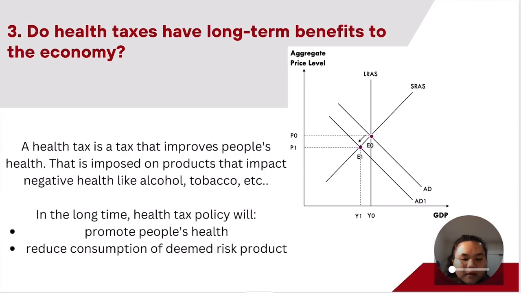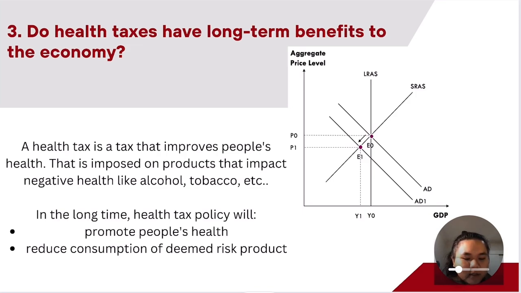Next, I will discuss whether a tax that promotes health is ultimately beneficial to the economy. We already know that unhealthy products like alcohol and cigarettes are subject to a health levy.